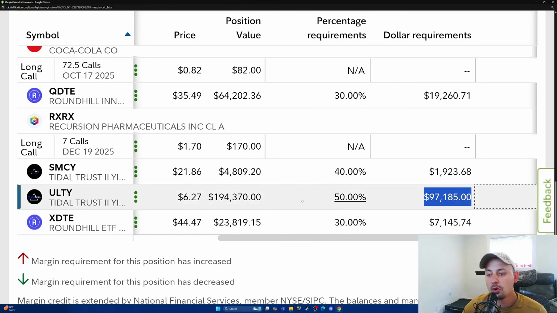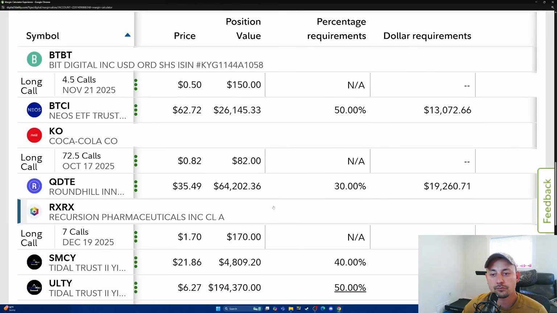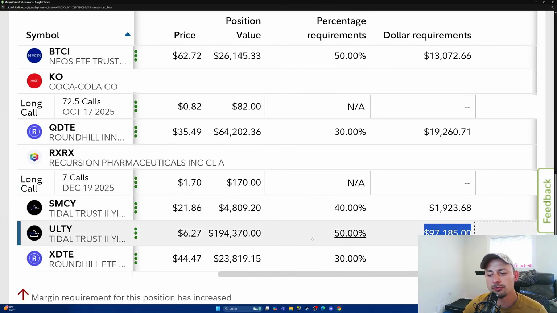So again, the lower the maintenance, the more margin you can have. The higher, the less. Now there are funds out there that are 100%, which basically means they're non-marginable at that point. You've got to have 100% of your own money in there. No, I'm sorry, 100% would be 1-to-1.